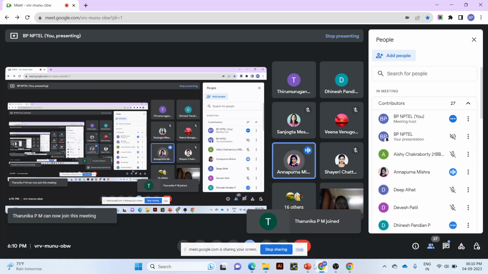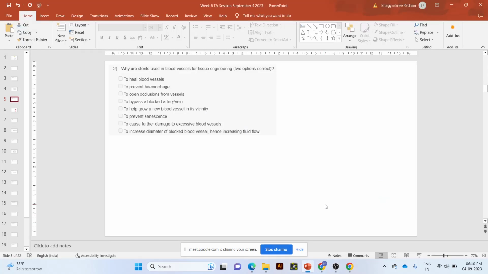Ma'am, fifth and last option. Okay, to help grow a new blood vessel in its vicinity and to increase diameter of blocked blood vessel. Ma'am, second and last option. To prevent hemorrhage. Okay. Anyone else?